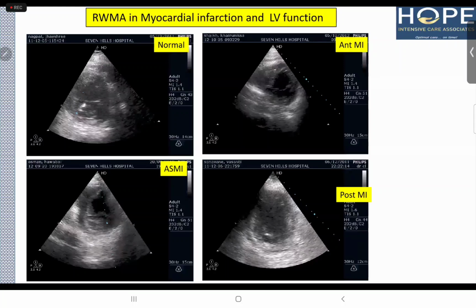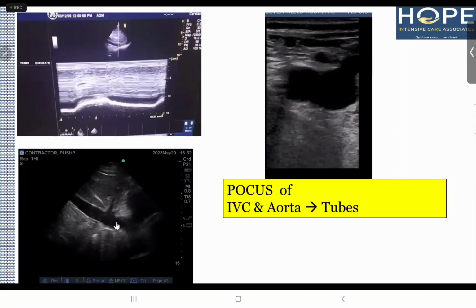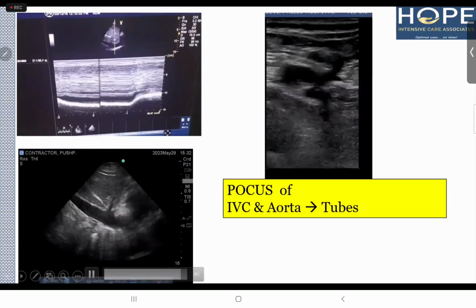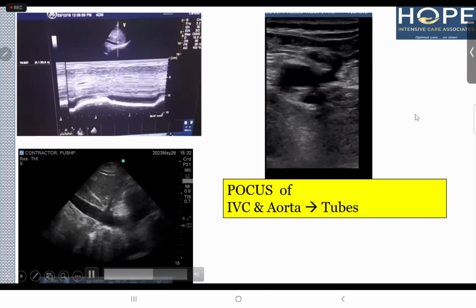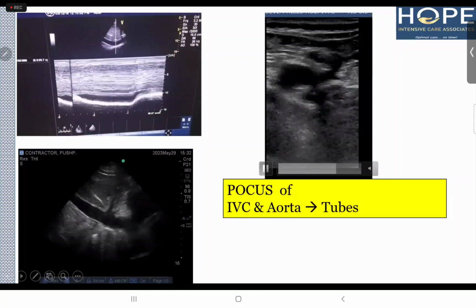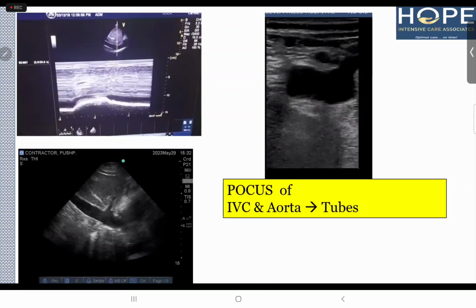On the left side, you look at the IVC, whether it is collapsing or not collapsing. On the right side, you can see a compression ultrasound of the femoral vessels. The femoral veins are completely compressible, and that practically rules out the presence of DVT in that particular segment of vein.